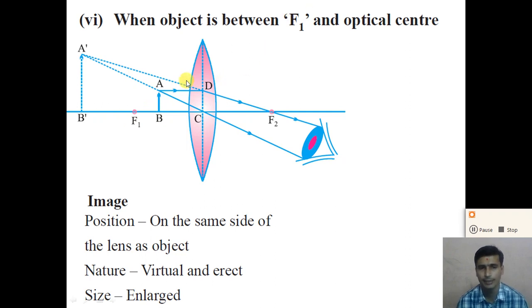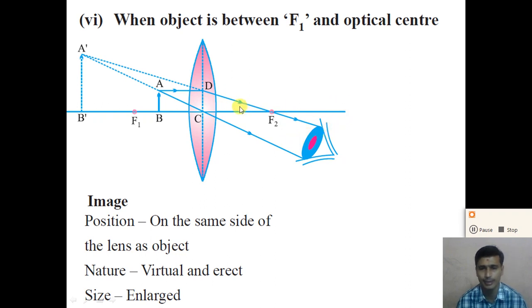And here we consider the ray of light which is parallel to the principal axis. If we consider a ray of light emerging from A parallel to the principal axis, after refraction it will pass through the principal focus.